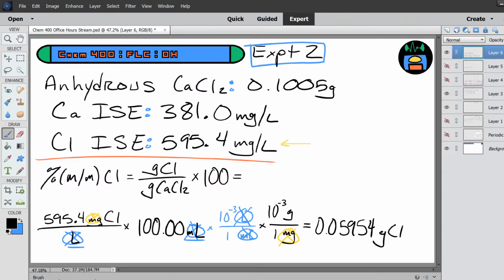So now we're ready to actually calculate our percent mass. 0.05954 grams of chloride over 0.1005 grams times 100.